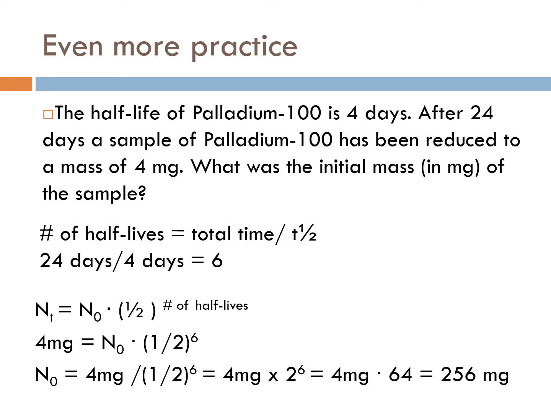So you can go backwards and say, well, 4, then it becomes 8, and then 16, and so forth. And then you get to 256 milligrams, or you can just apply the formula. But as I said, that formula is not given in the test. So that's pretty much all that there is about this.